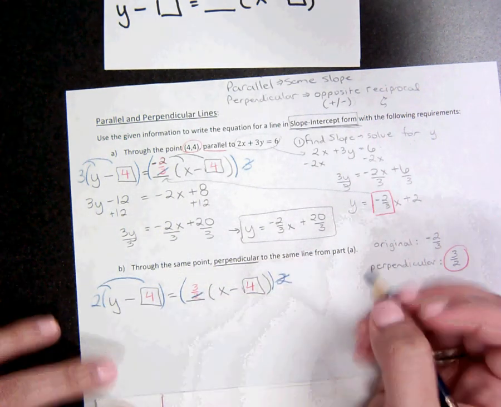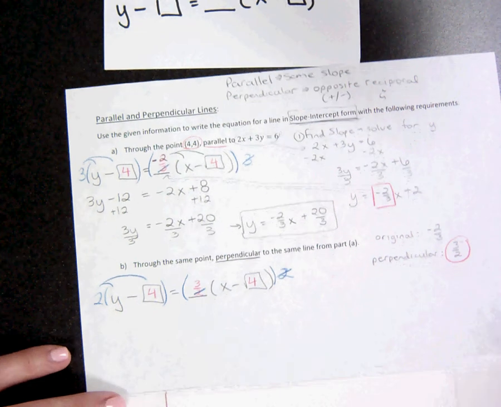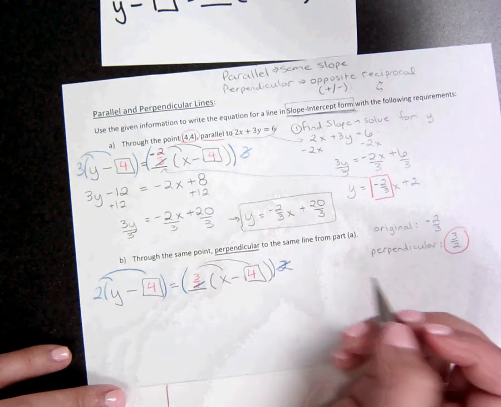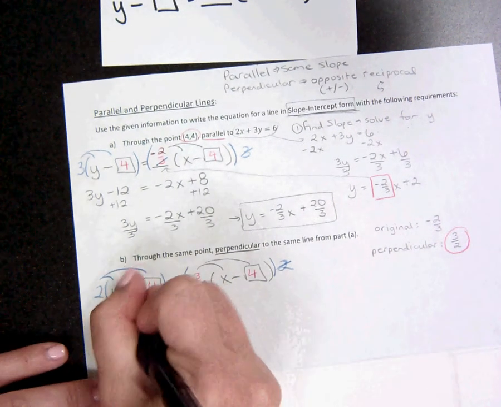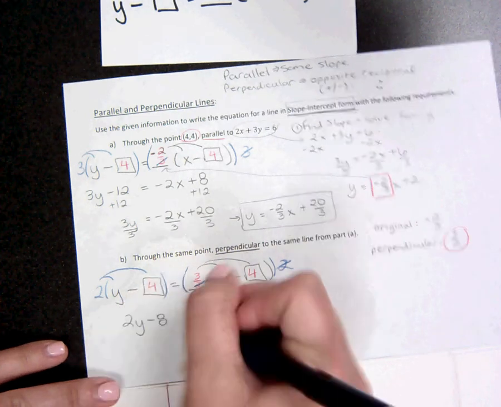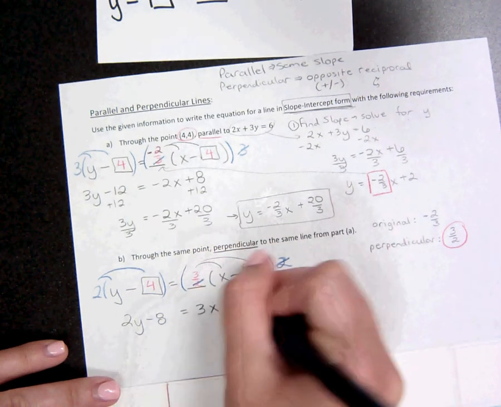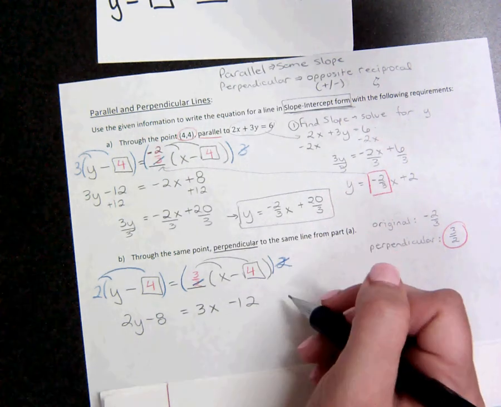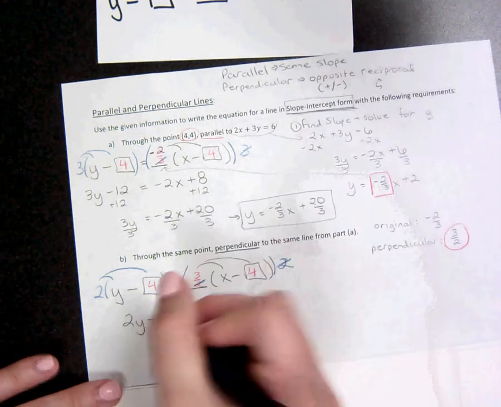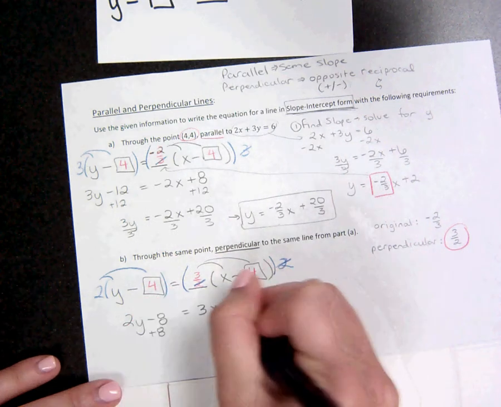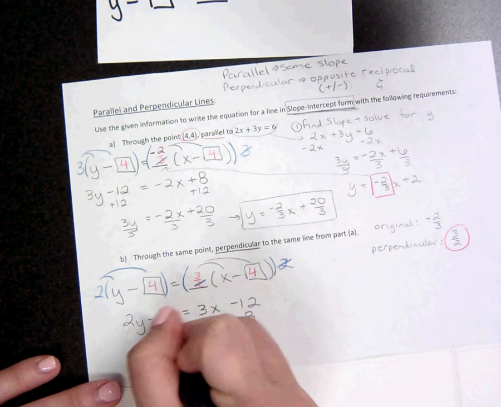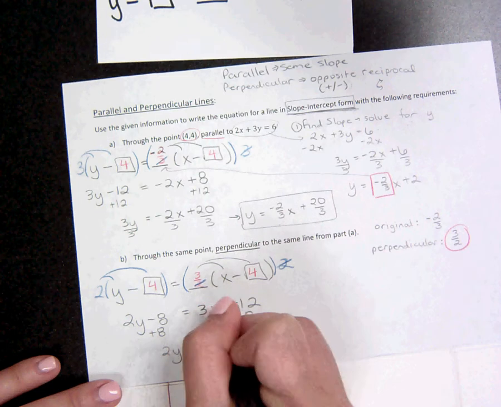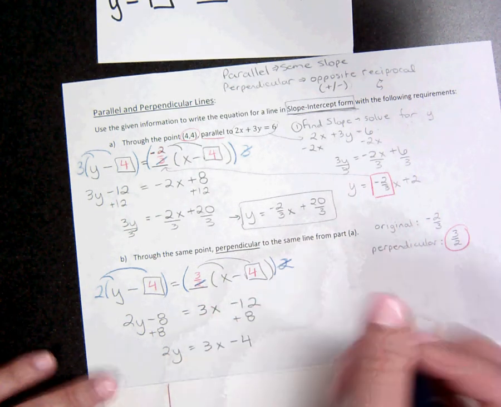Kill the 2 over here. And I'm going to distribute that 3 at the same time. It's going to give me 2y minus 8 equals 3x minus 12. So it gets a little messy, and then it cleans right up and it's easier to see. So I'm going to move my constant. That's going to give me 2y equals 3x minus 4.